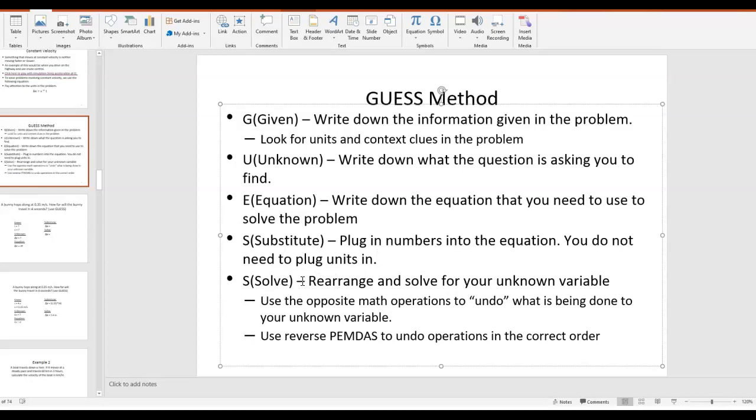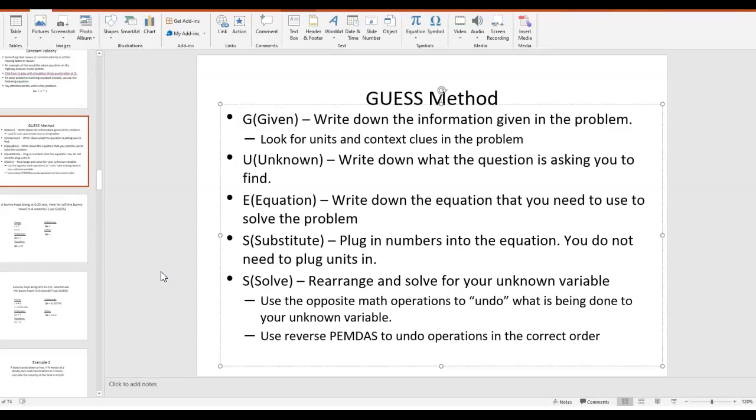In order to solve, you're going to have to use the skills that you learned in your math class and algebra. Remember all those times you had to solve for x? You're going to have to do that to solve a lot of these equations. That basically means rearranging the equation and getting your unknown by itself. The way we're going to do that is to use math operations to undo everything that's being done to the unknown variable.